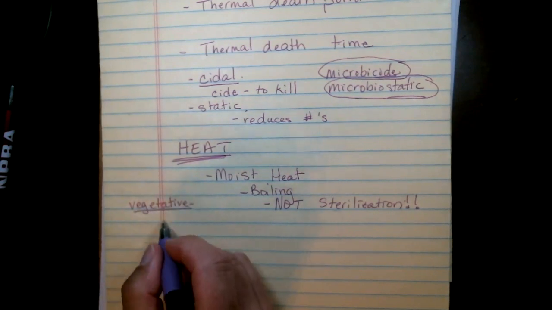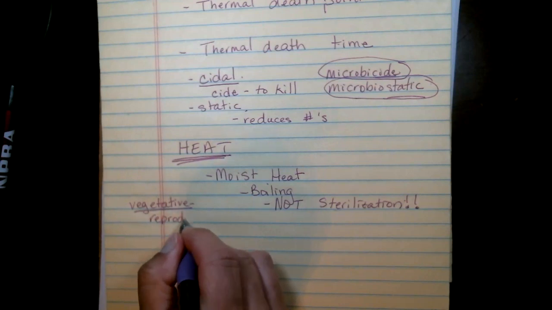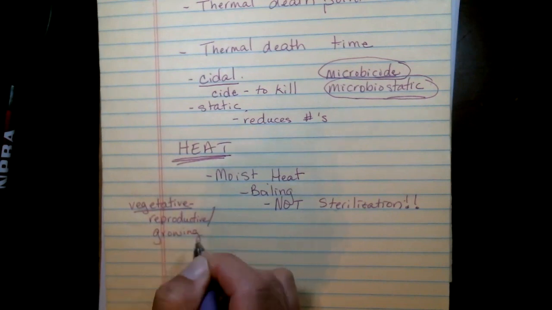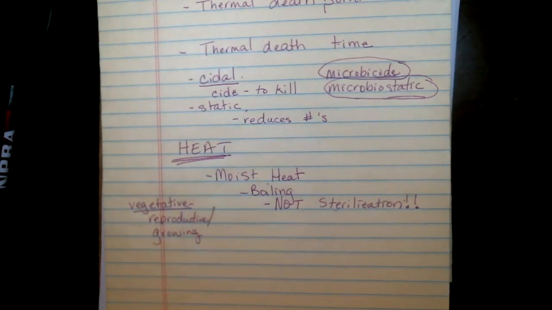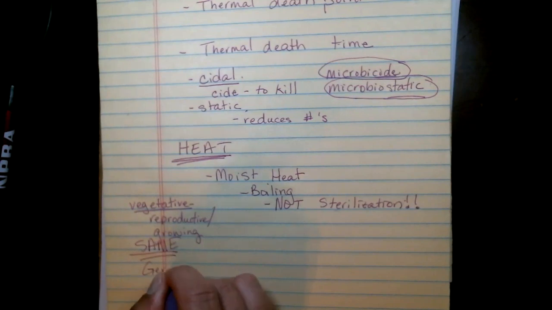Now, a lot of people don't understand what vegetative means. It means the ones that are currently reproductive and growing. Okay? That means that it's not going to kill anything that can lie dormant. A vegetative cell, the same term, germinating.